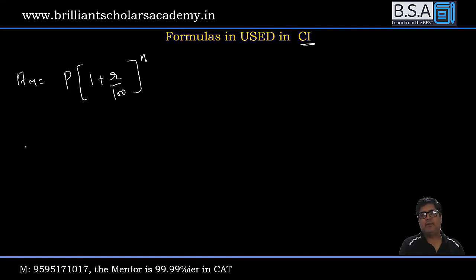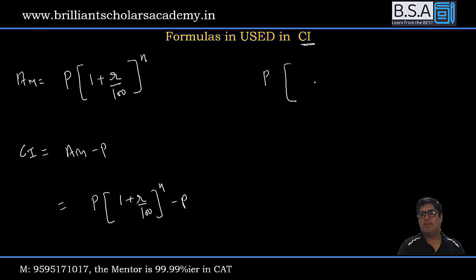And we say compound interest can be calculated as amount minus principal. So I can rearrange this: principal into 1 plus R upon 100 to the power n minus principal. I can further rearrange, P common, 1 plus R upon 100 to the power n minus P.